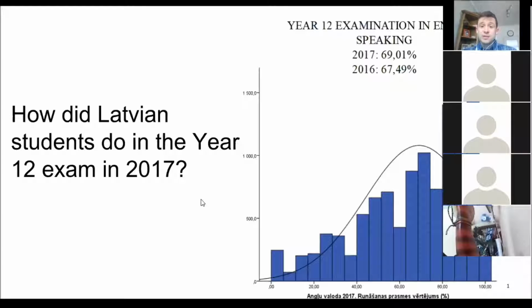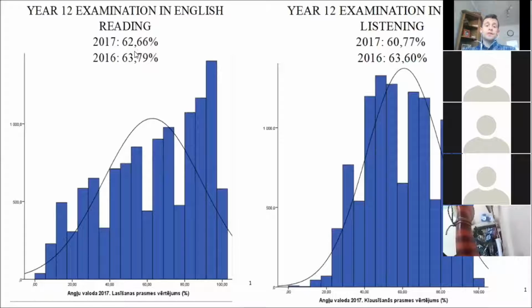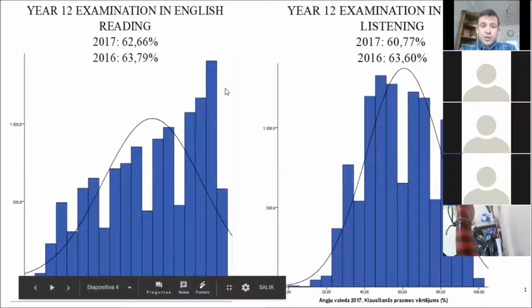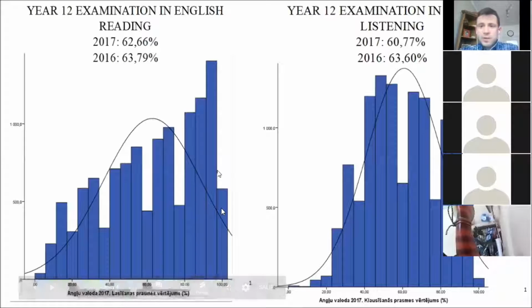It was really interesting to be able to see this data from Lydia and Tatiana's presentation, from the results of all of the students who took the English exam last year. As we can see here, the speaking is actually the strongest overall, followed by reading with an average of 62. You can see the distribution there. You'll be able to see these slides on the Latte website later on if you want to go back and look at the details.